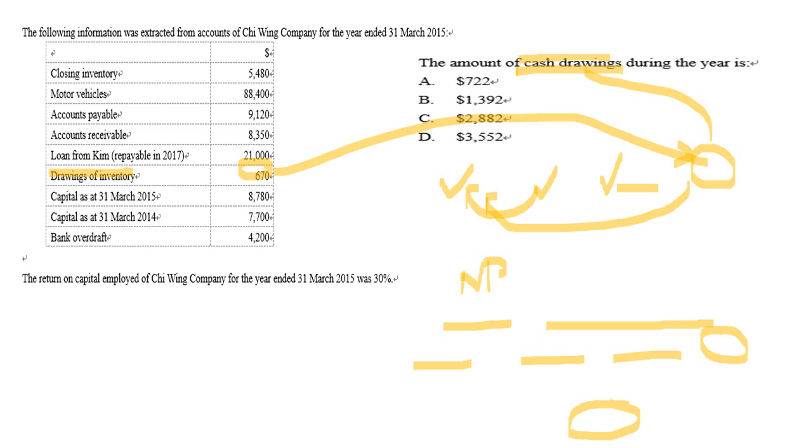This question just follows the question before, and asks you to calculate cash drawings. This one is drawing of inventory, so we have another drawing, called cash drawings. For the question before, we have calculated the net profit.